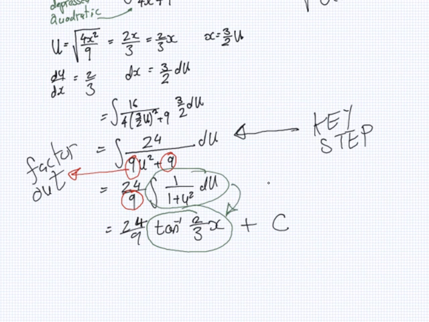Where is that? 2 or 3. Because it's u, and u is this. It was tan inverse u, and this is u. Yeah? Cool? Okay, next example.